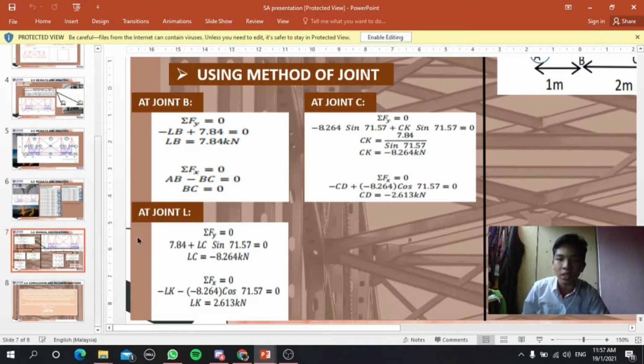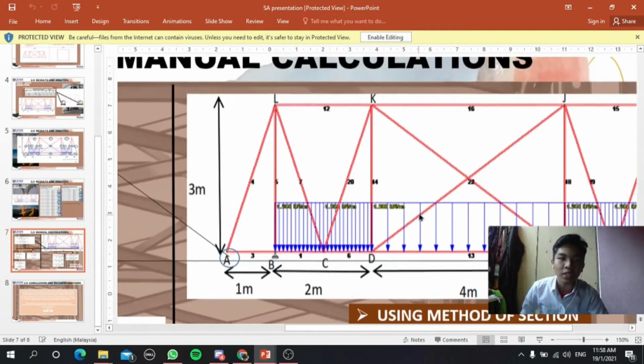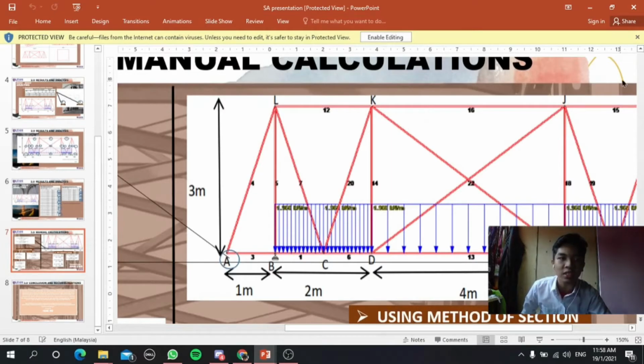At joint L, for member LC we get negative 8.264 kilonewton, and for member LK we get 2.613 kilonewton. We use the method of joints only for this section, at joints L, K, B, C and D.